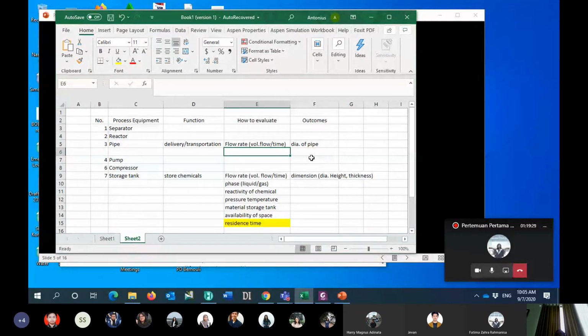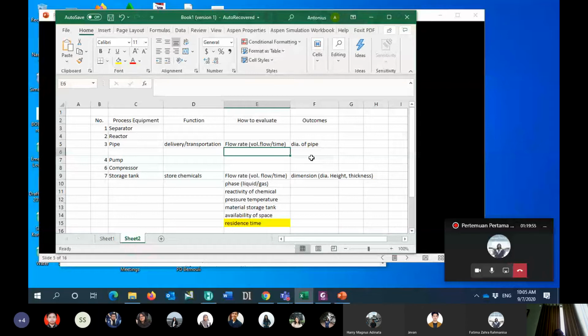What's your opinion? I have liquid with a flow rate of 100 cubic meters per second, and I will use a pipe with a diameter of 1 centimeter. Can I use that?